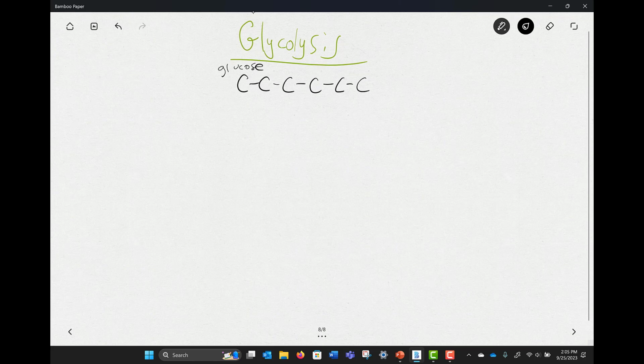Now, right now, we are out in the cytoplasm. This whole process of glycolysis is going to take place in the cytoplasm. So let's write that up here. Everything that we draw for glycolysis is going to take place in the cytoplasm.